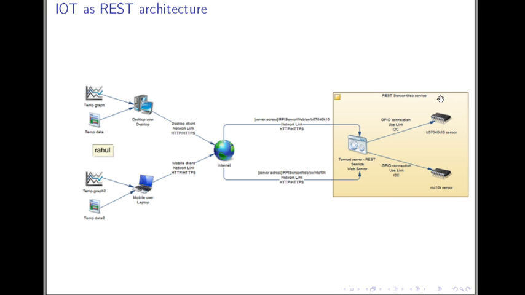In this picture we can see the similarity of IoT and the REST architecture. We have the sensor web interfaces. Here we have interfaces that send requests using HTTP with some URL, and this URL basically describes what node to access and what information to access.